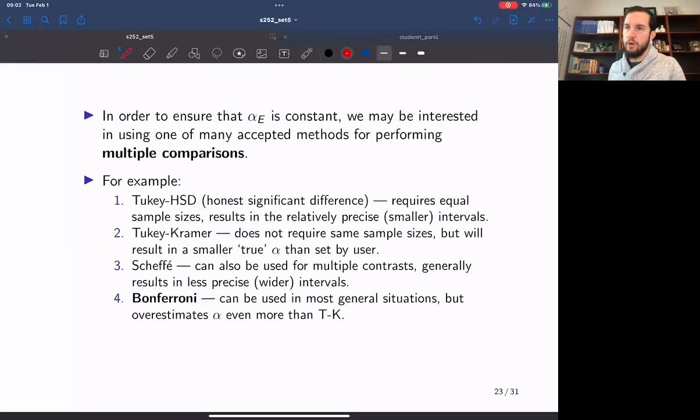In our situation, we're going to use the Bonferroni because it's the easiest one to explain and to digest. But all of these different procedures do the same thing. They just adjust alpha E to create an alpha I such that you do not exceed alpha E. All right.